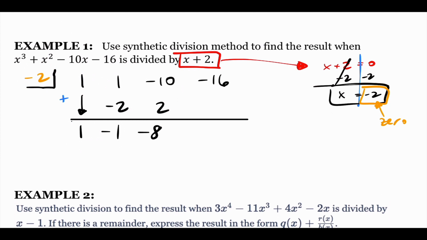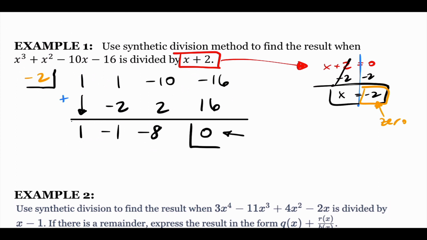Okay, so multiply again. We get negative 8 times negative 2, positive 16. That goes here. Add straight down. Negative 16 plus positive 16 makes 0. We're done. Whatever's in the last spot is going to be the remainder.